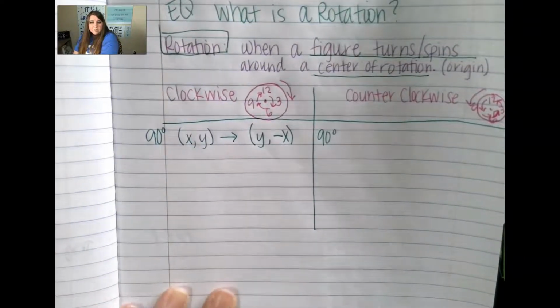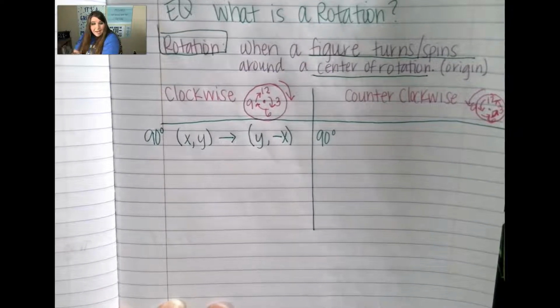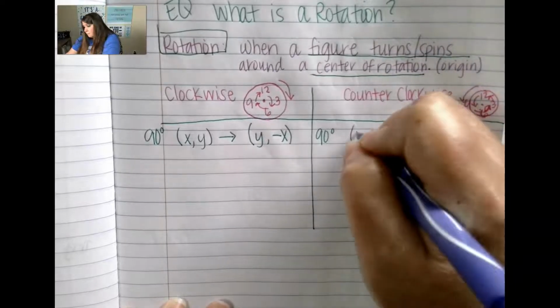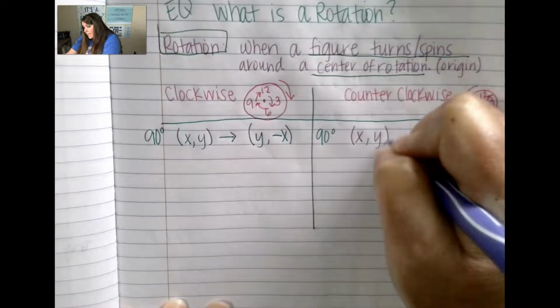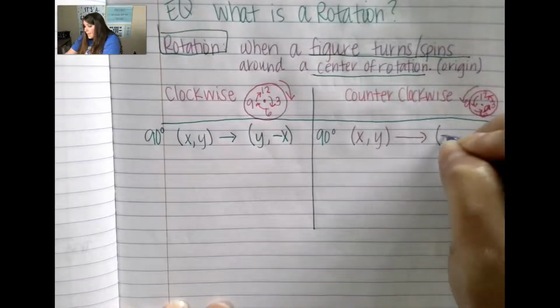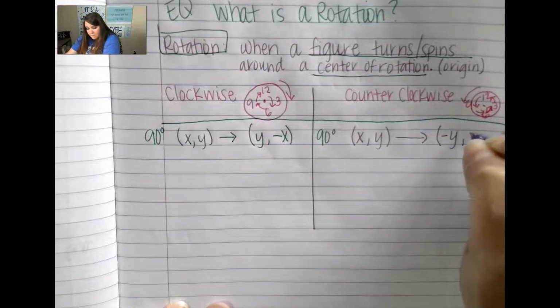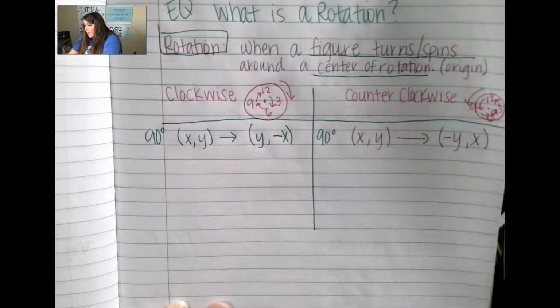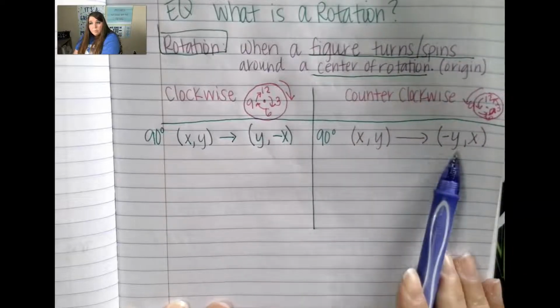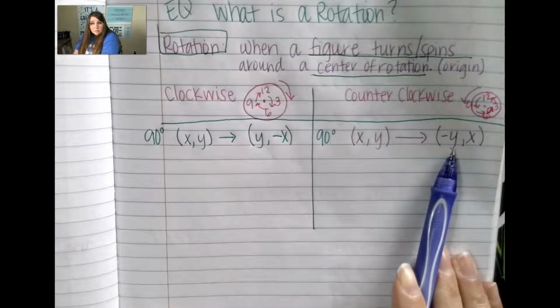Now, if it's counterclockwise, this one is a little bit different. A counterclockwise change will go from (x, y) and turn into a negative y and a positive x. So that means that the x value stays the same, but the y value is opposite.